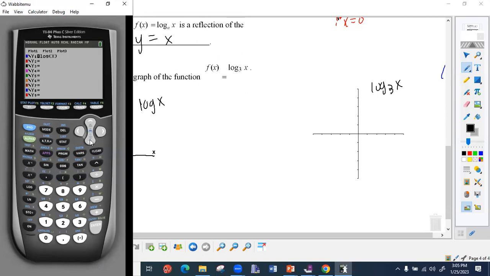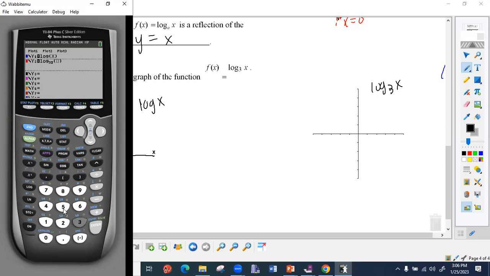Okay, so continuing with log x, we're going to graph log base 3 of x. How can we get log base 3 of x in the calculator? It's alpha, window, 5. Yesterday we talked about how to get the change of base. We press alpha, window, and 5, which allows us to put in that change of base without having to use the change of base rule.